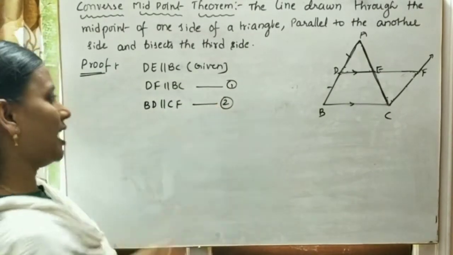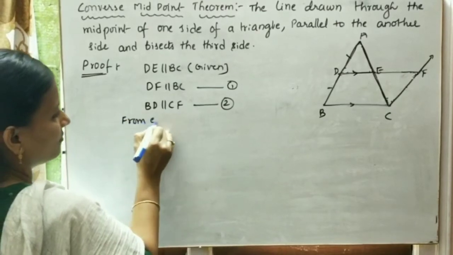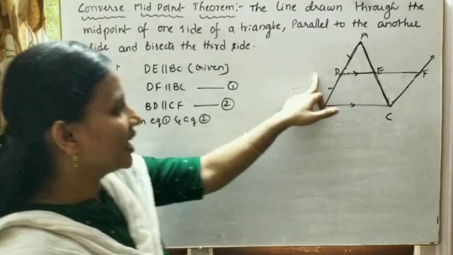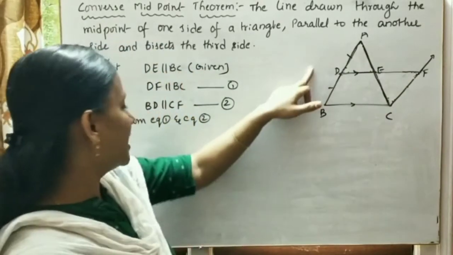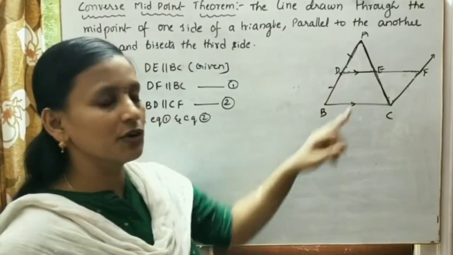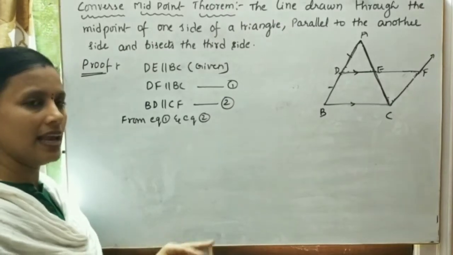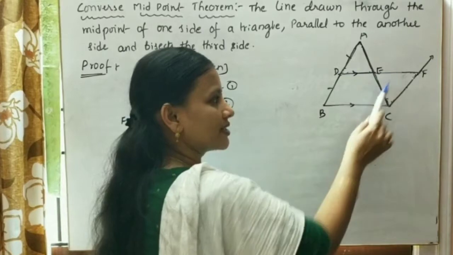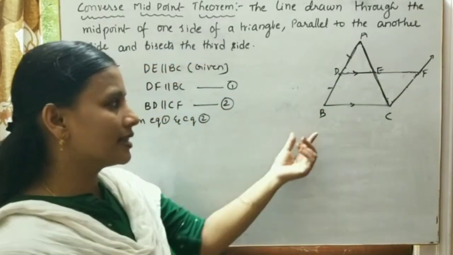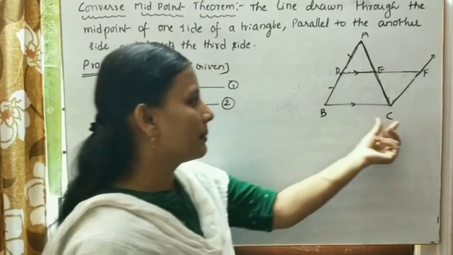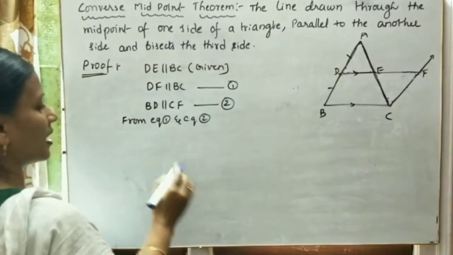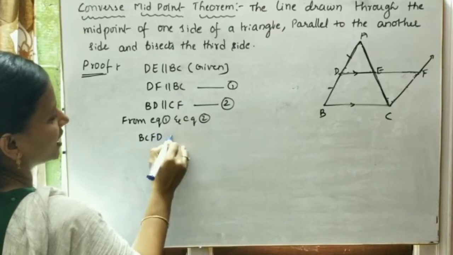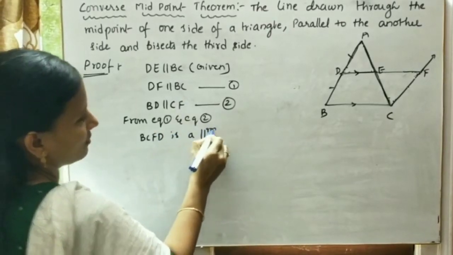From equation 1 and equation 2, we can write DF is parallel to BC and DB is parallel to FC. If two pairs of opposite sides of a quadrilateral are parallel, then it is a parallelogram. So BCFD is a parallelogram.